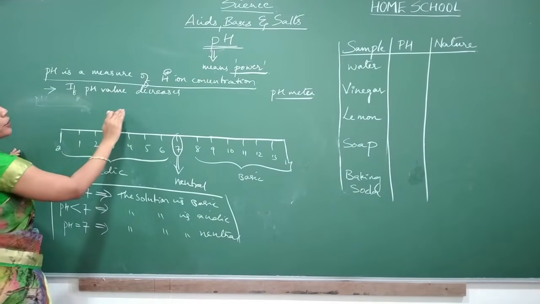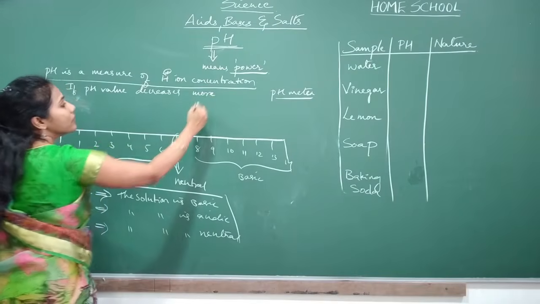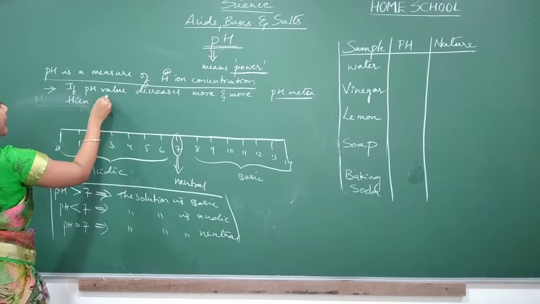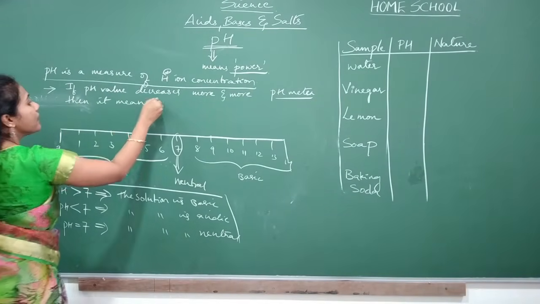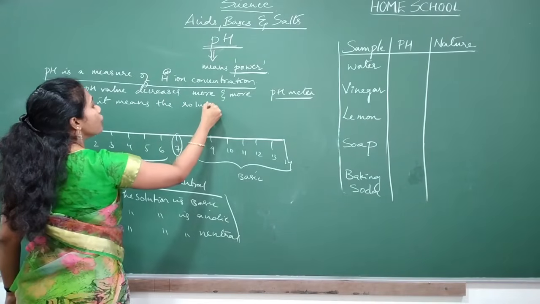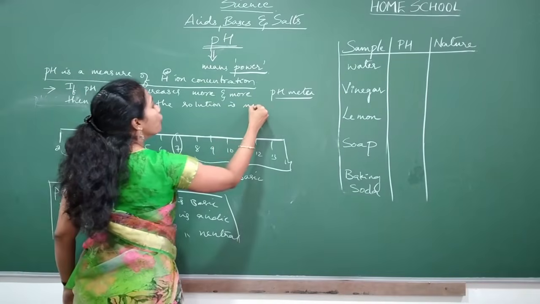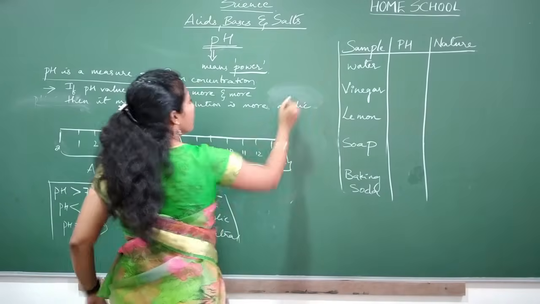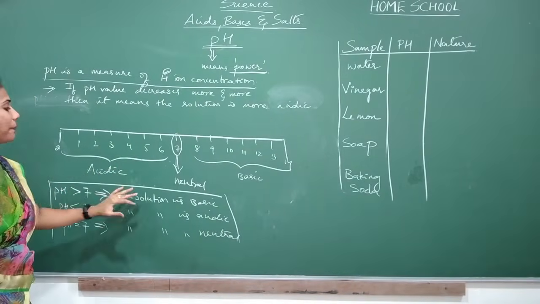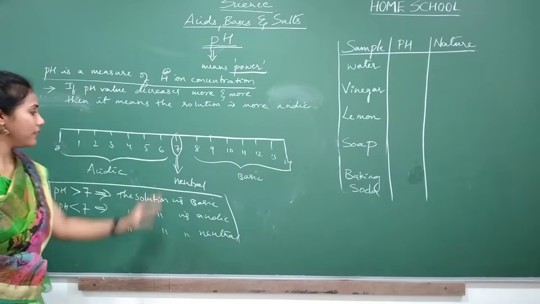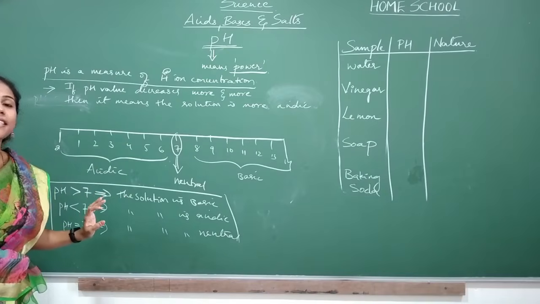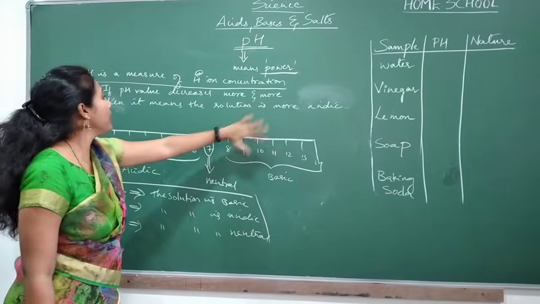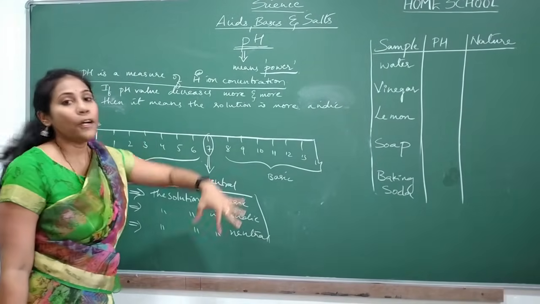If the pH value decreases more and more, then it means the solution is more acidic. Lesser the pH, more will be the acidic nature.